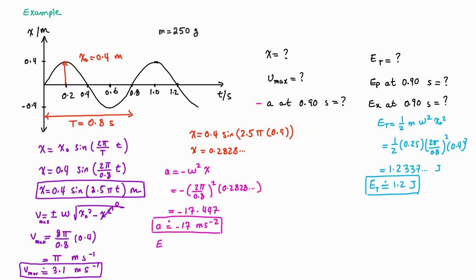Potential energy at this point is equal to 1/2 mass omega squared times position squared, and that will equal 1/2, the mass is 0.25, omega squared is 2 pi over 0.8, I'll just write 2.5 pi here, and position here is 0.28 squared.